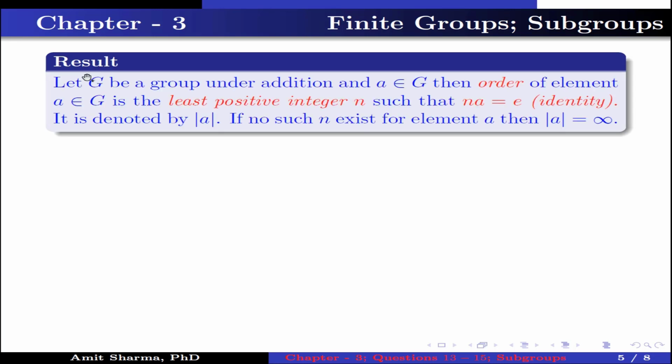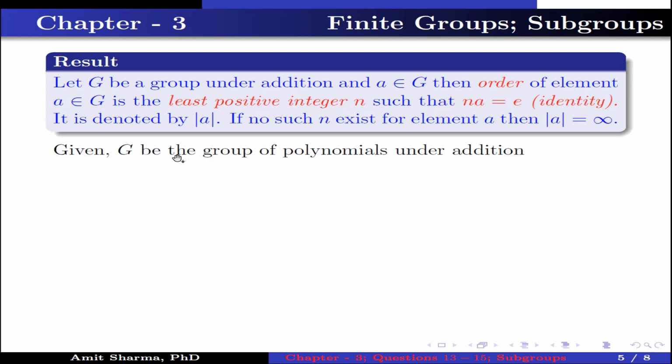Result: let G be a group under addition and a belong to G, then the order of element a is the least positive integer n such that n times a is equal to the identity. It is denoted by this. If no such n exists for element a, then the order of a is infinity. Given G is a group of polynomials under addition with coefficients from Z10.